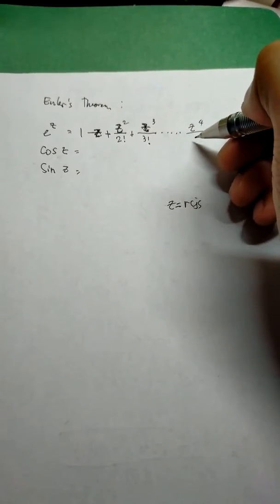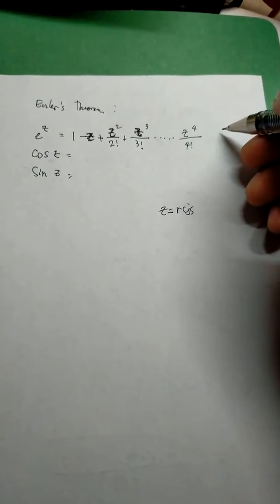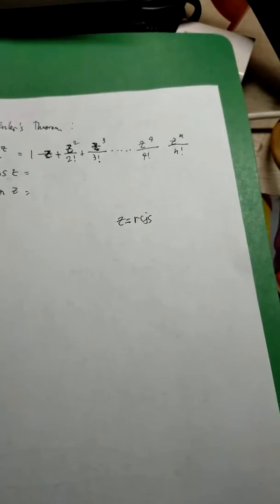So kung may z raised to 4 kada, and then 4 exclamation, or in short, you have the z raised to n over n exclamation.